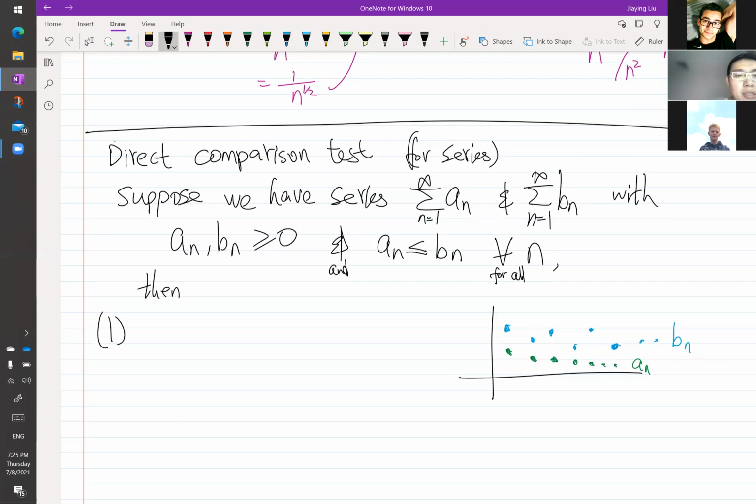The first one is, if the series of bn, the bigger sequence, if you add them up, you get a series. If bn is convergent, then the an, the smaller series, is also convergent.